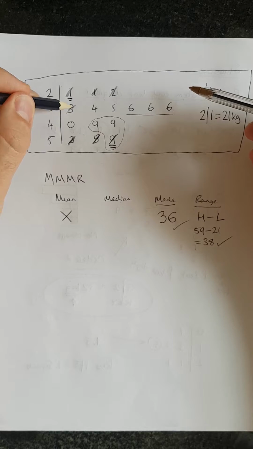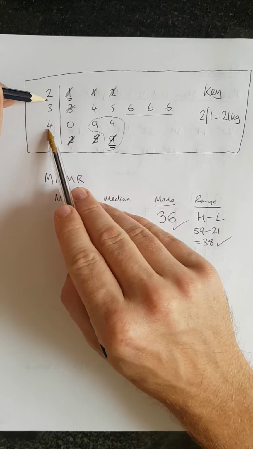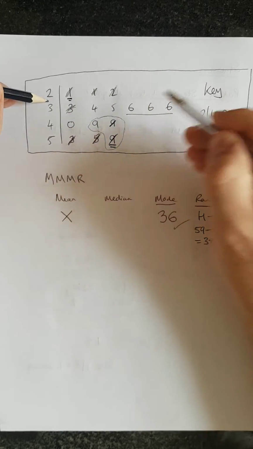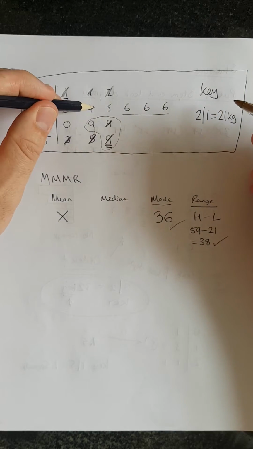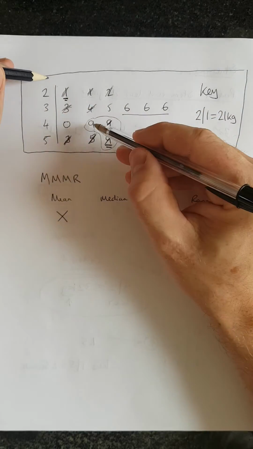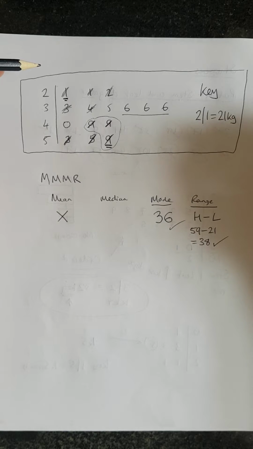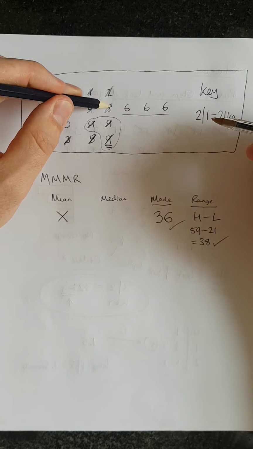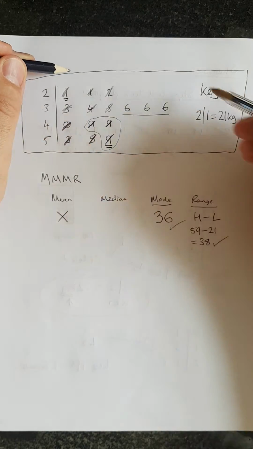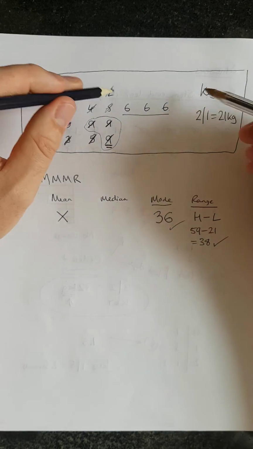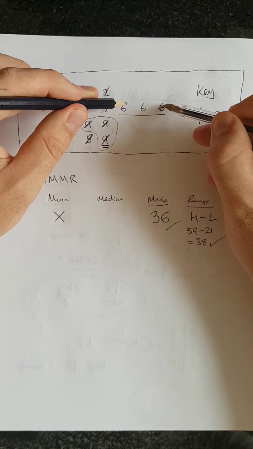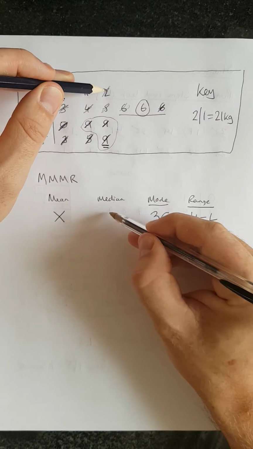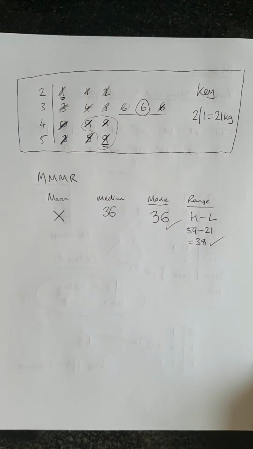This is the next lowest one, but this is the next highest one. Then I come across here, that's the next lowest, and that's the next highest. Check what you've got left. So that's the next lowest, and that's the next highest. Now with these 3 left, I can see then that that number 36 is going to be my median.